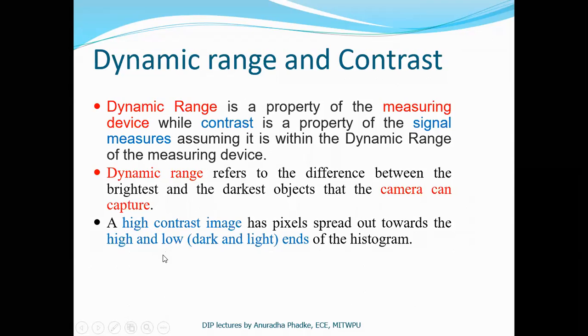Contrast is the difference between high and low values of the captured image. A high contrast image has pixels spread out towards the high and low ends of the histogram. So contrast is a parameter related to the captured image, and dynamic range is a parameter related to the image capturing device.